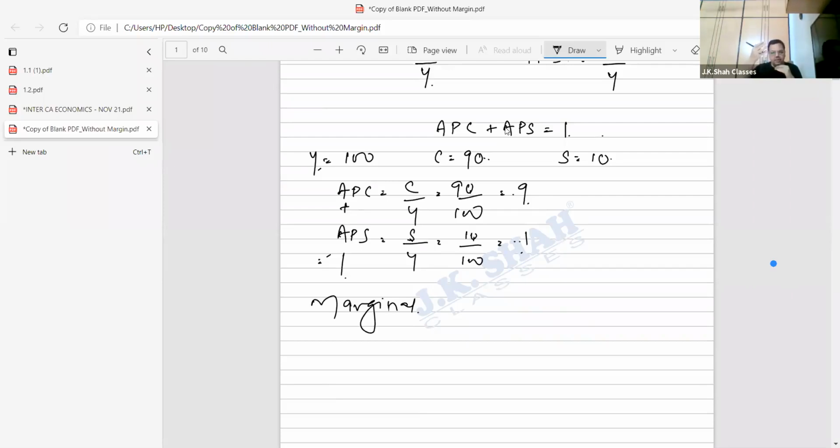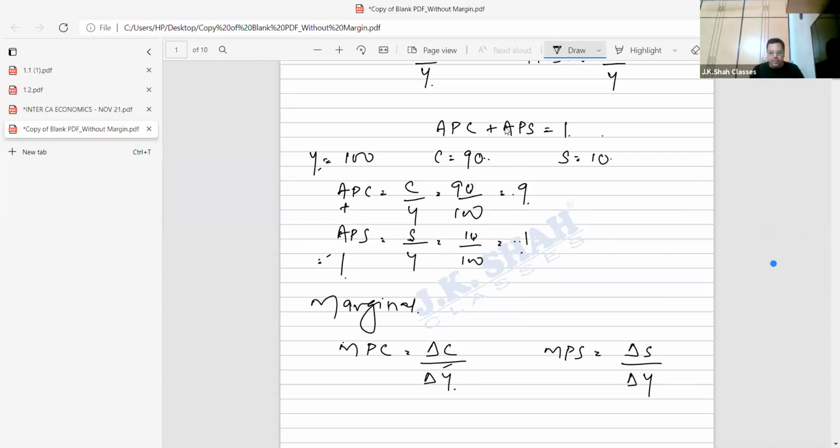How much your consumption increases with the increase in income is MPC. MPC is delta C upon delta Y, change in consumption upon change in income. And MPS will be delta S upon delta Y, change in saving upon change in income.